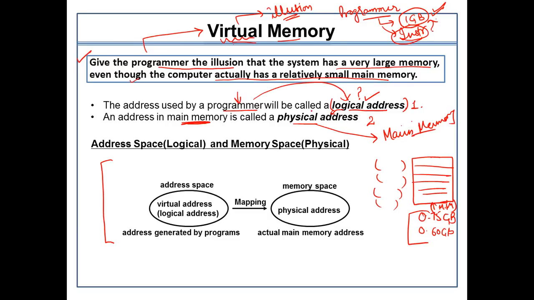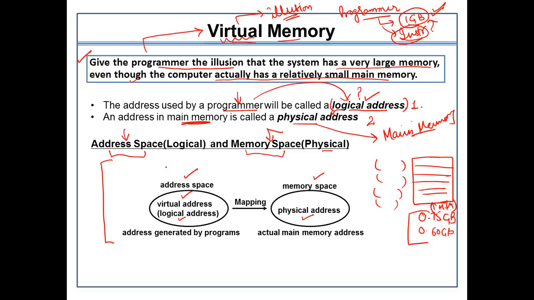The logical address space is defined by the programmer, and the memory space is the actual physical space available in the main memory. So address space is the virtual address, also called the logical address, and memory space is the physical address.